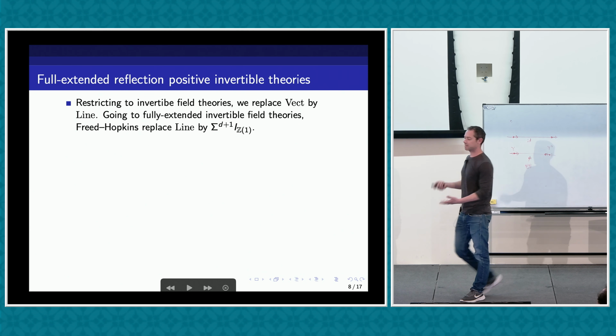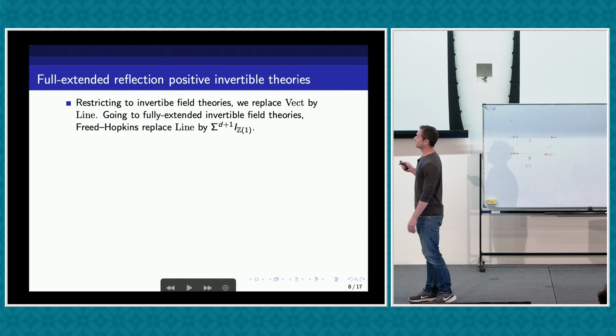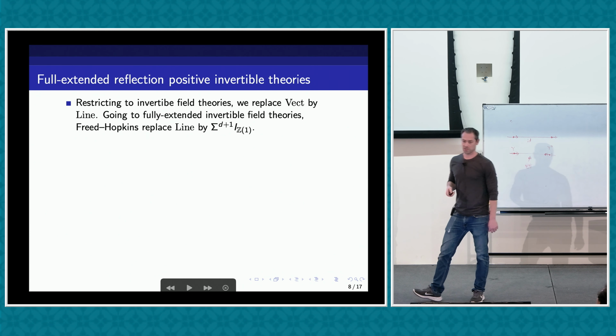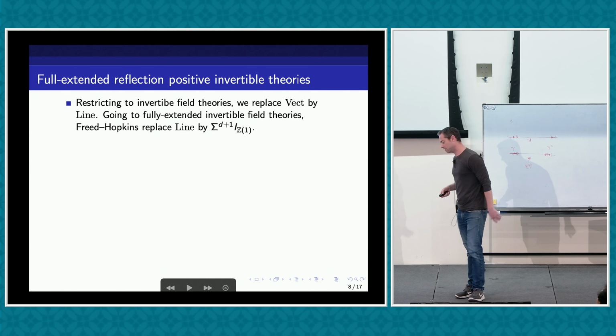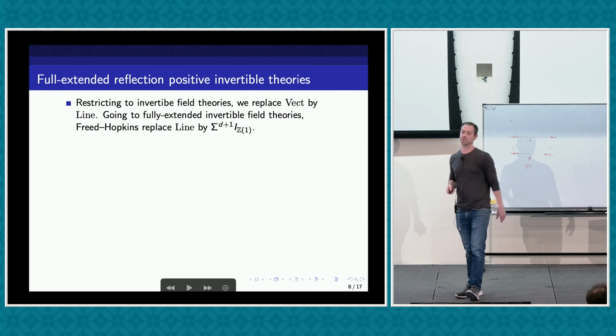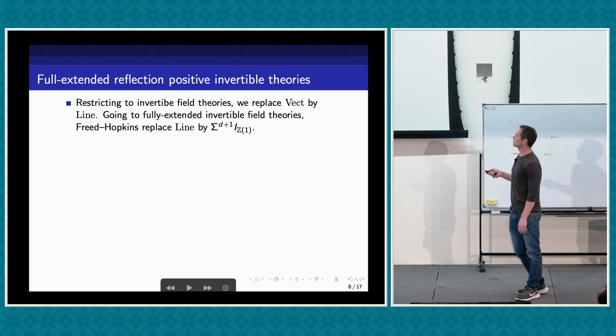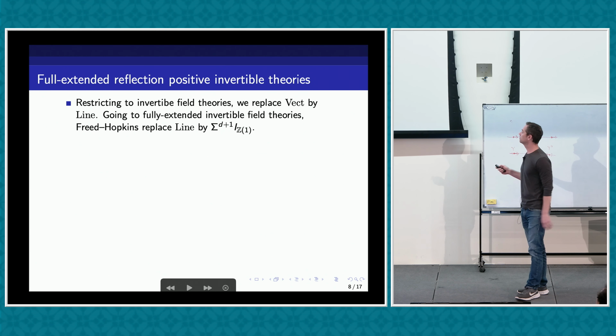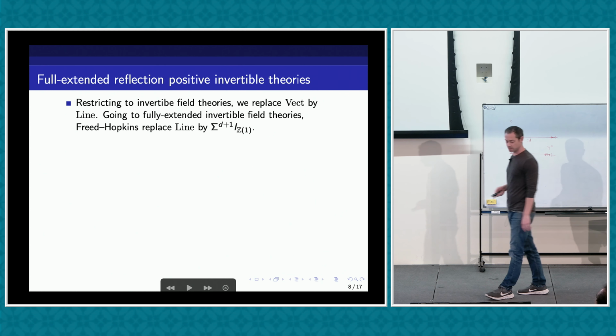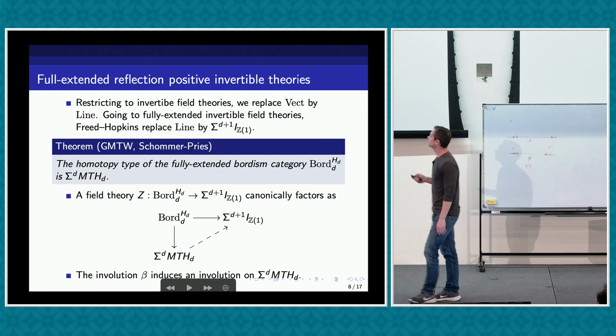And if you unpackage what that universal property means, it just ends up telling you that the whole field theory is determined by exactly what its partition function is. So what it assigns to a closed manifold. It'll assign a closed manifold to some number, and everything's determined by that.